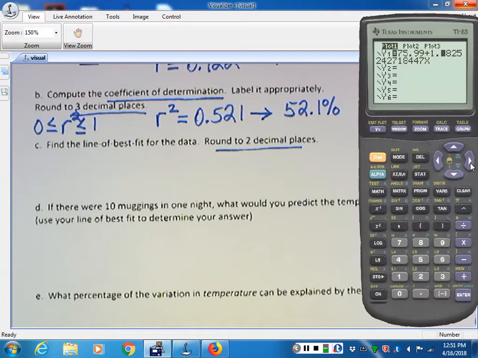And then 1.082 would remain 1.08, and I would drop the rest of that number.